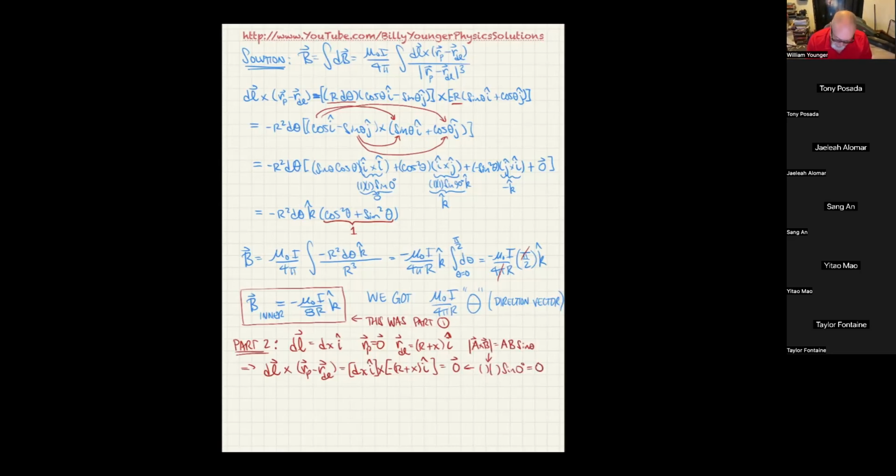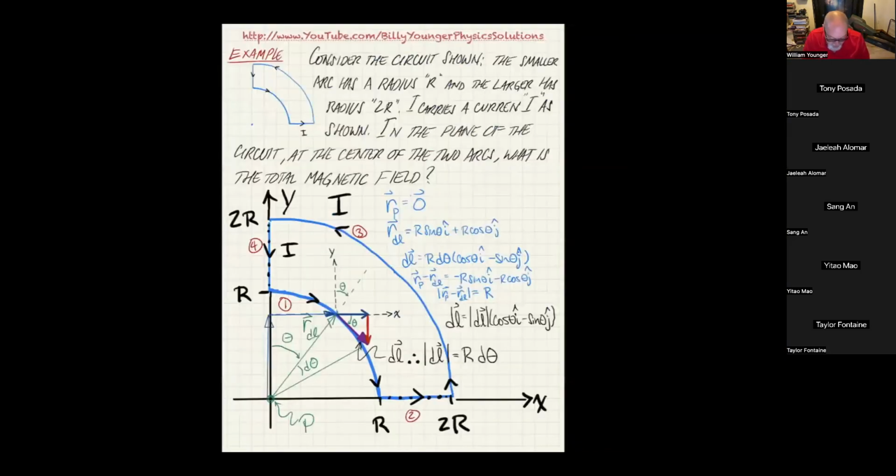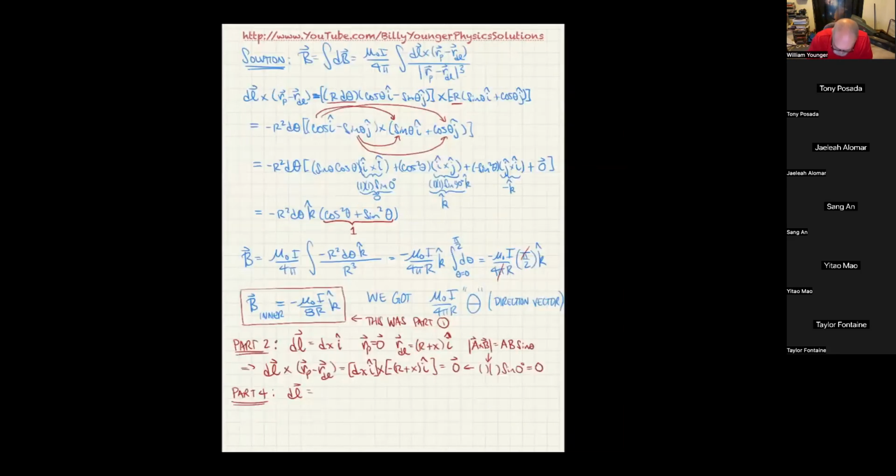I'm going to do part 3, or excuse me, part 4, just because that's super easy to figure out. So part 4, dl points in the direction of current. Notice in part 4, that means it goes in the negative y direction. So dl is going to be negative dy j hat. RP again is going to be equal to the 0 vector.